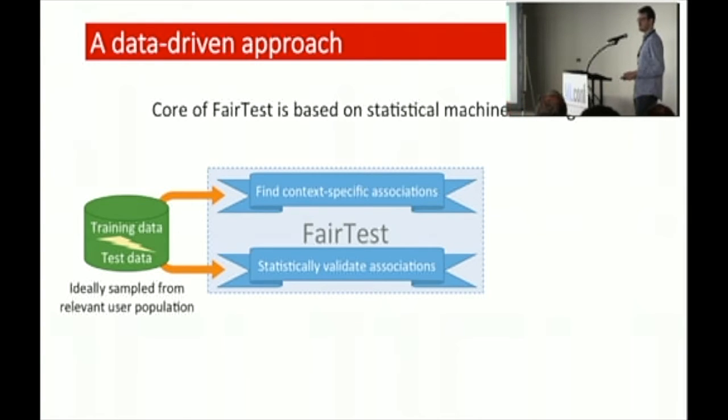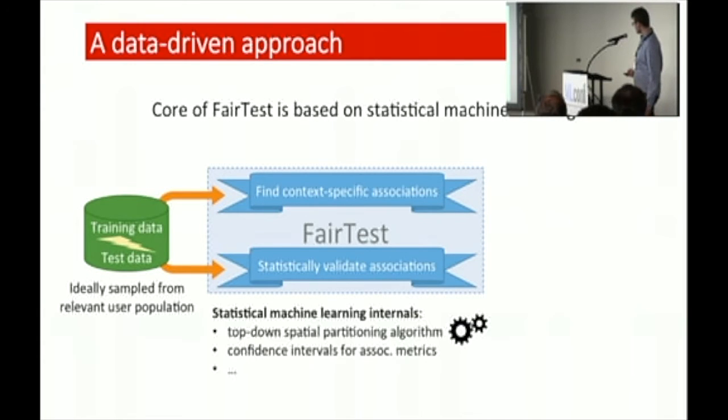Then in a second step, we'll validate them to make sure that we only report those that are actually the most significant. I'll go into the detail of this algorithm in just a second. It's actually based on a decision tree algorithm, and I'll give some pointers as to why we chose this particular approach.